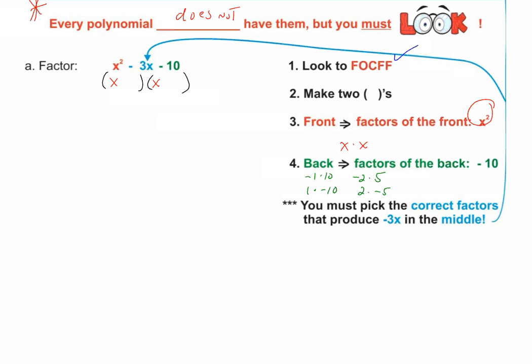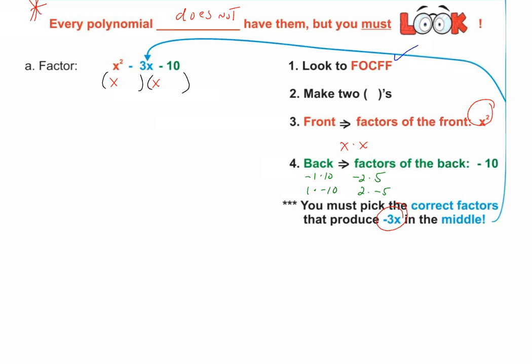Now, here's the key, and look at the asterisk. You must pick the correct factors that produce the middle term, the negative 3x in the middle. Remember, where does the middle term come from? The outers multiplied plus the inners multiplied.